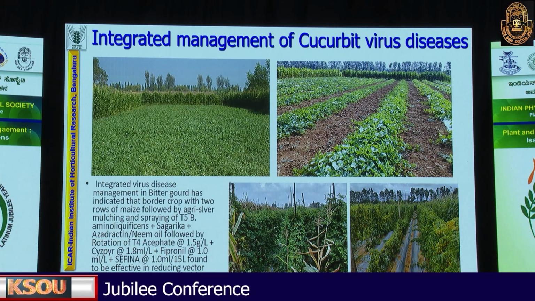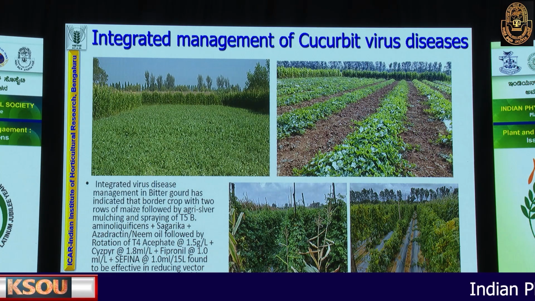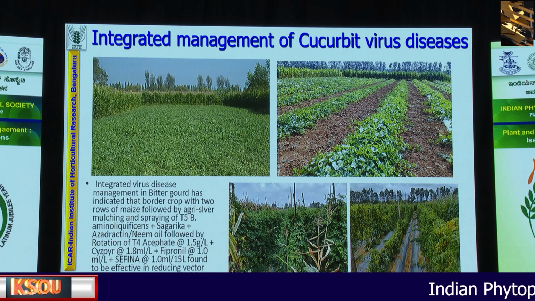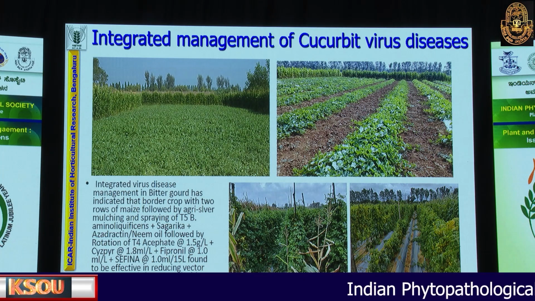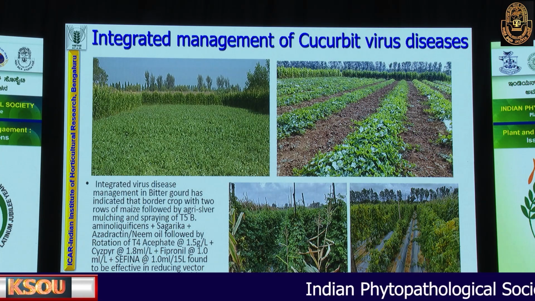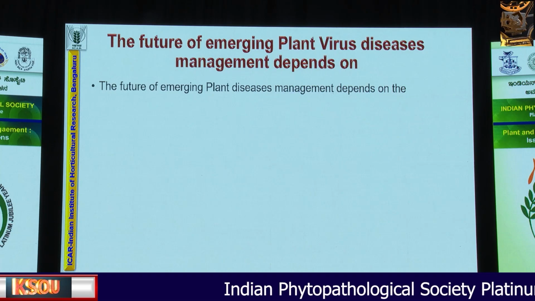It is not that the virus is not there, but virus incidence is reduced and the effect of the virus is not seen much in these treatments as compared to the insecticides. The ultimate aim for the farmer is the economic yield. If yield enhancement is there, even less incidence of virus doesn't make a loss.